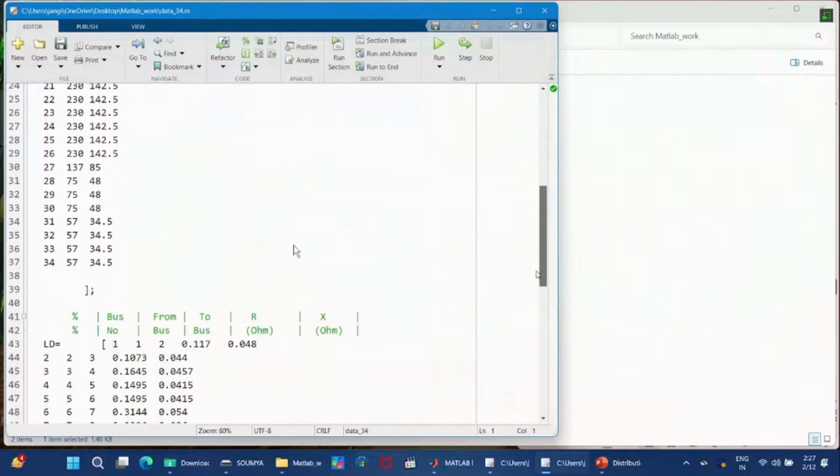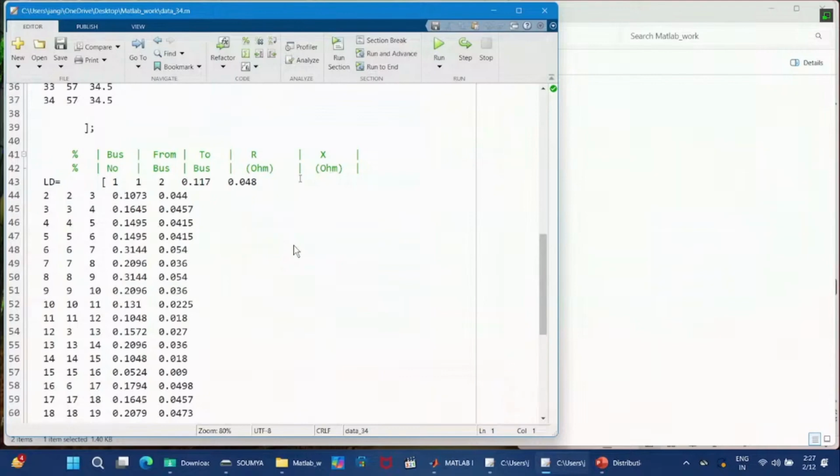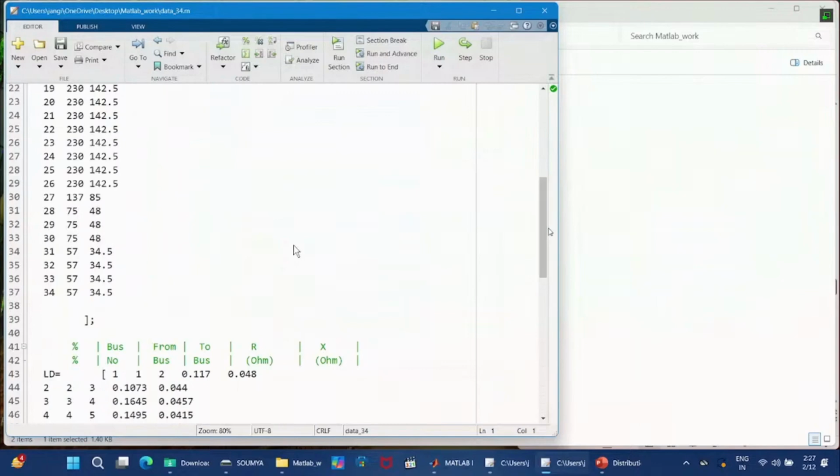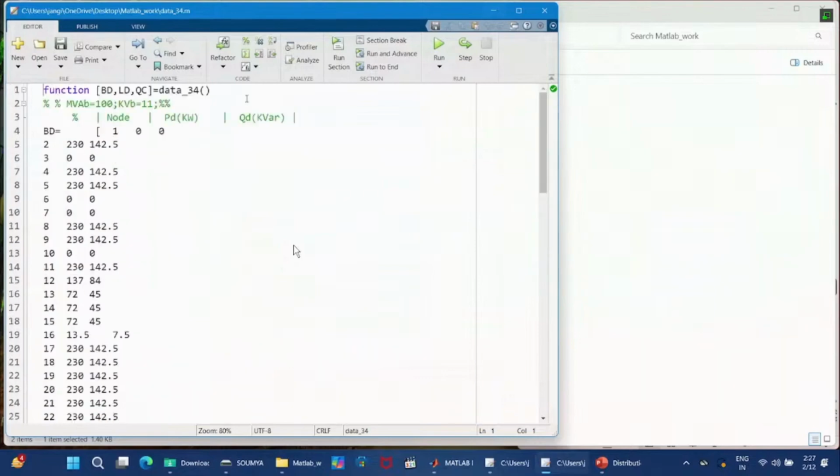These are all load data. Thereafter, the values of r and x. The same thing is written for the 34 bus system, and we are supposed to load this data. Therefore, this file is saved under the name data34.